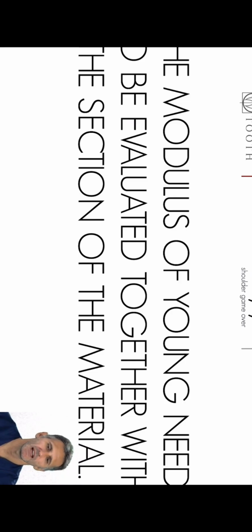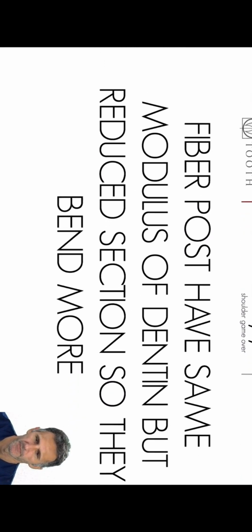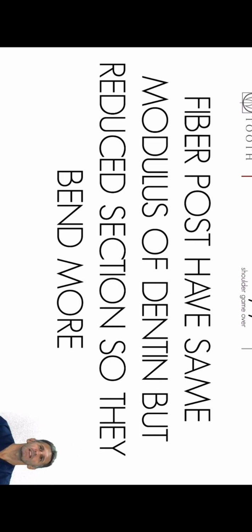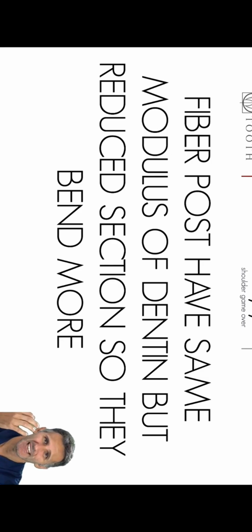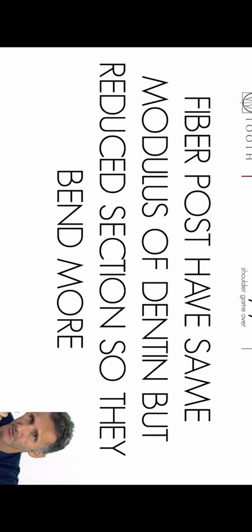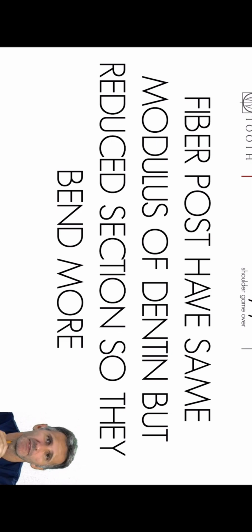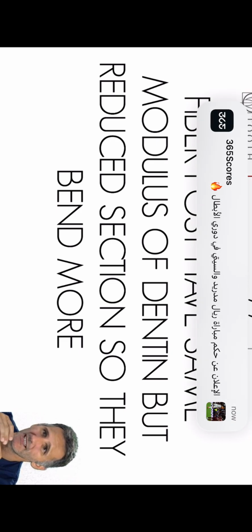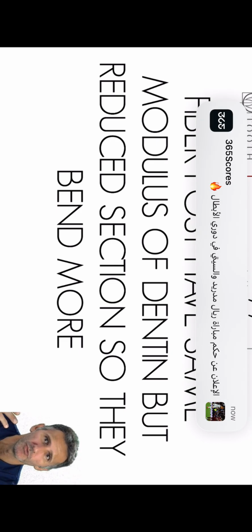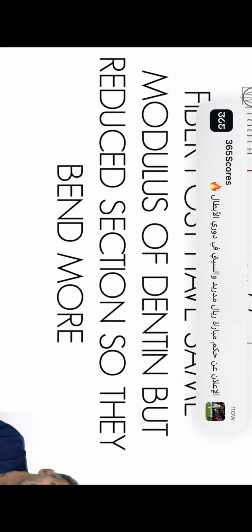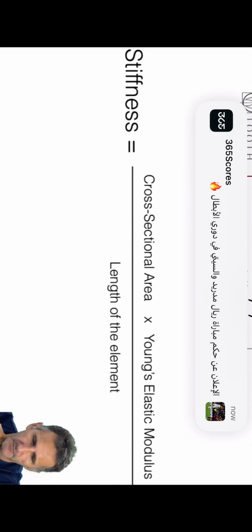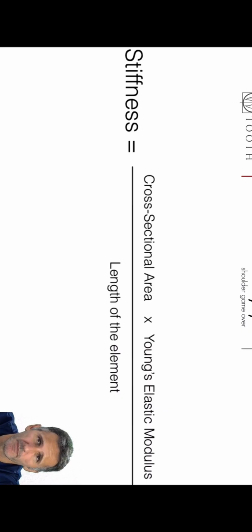So the modulus of Young needs to be evaluated together with the section of the material. Because people speak about this modulus of dentin, but because the section is small, they bend a little more. When you take a fiber post, you are able to bend and break a fiber post. And this should be something enough in order to improve the behavior of the build-up. This is the formula.